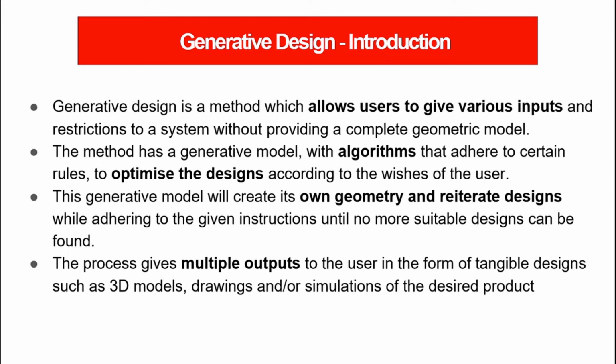And in generative design we get multiple design outputs. With those multiple design outputs, as tangible models, the user can select the model that adheres to whatever necessities they have and run simulations on it. But in topology optimization, only one model is obtained. That is the key difference between generative design and topology optimization.